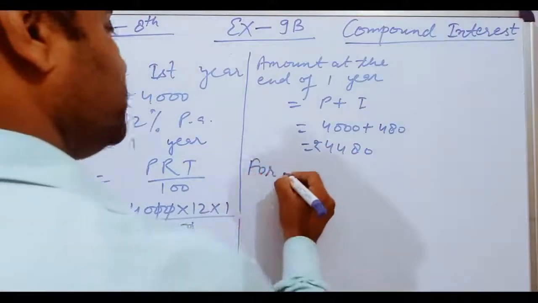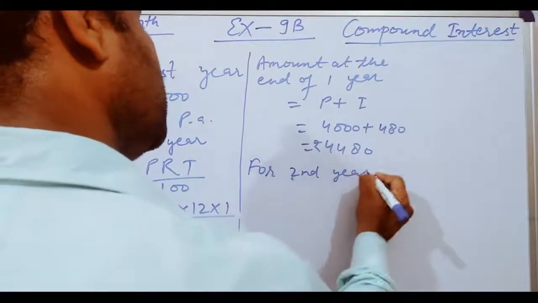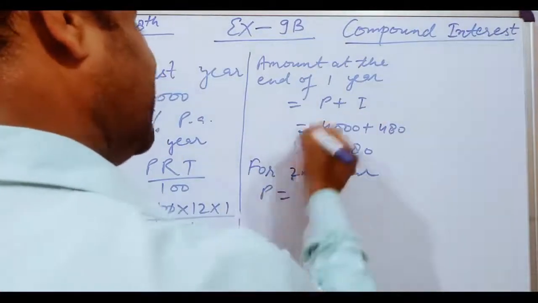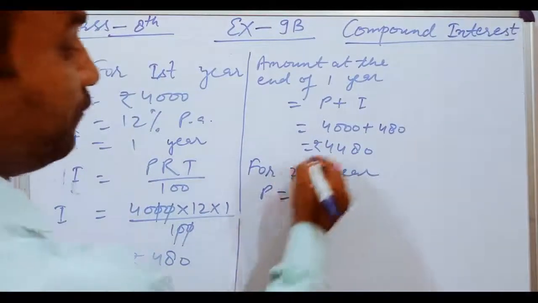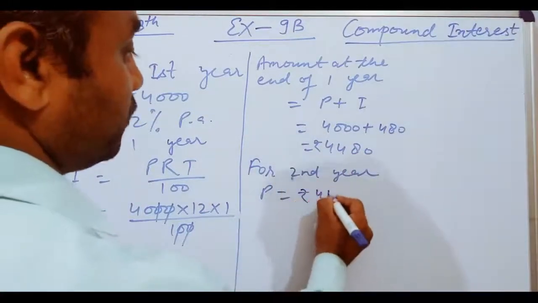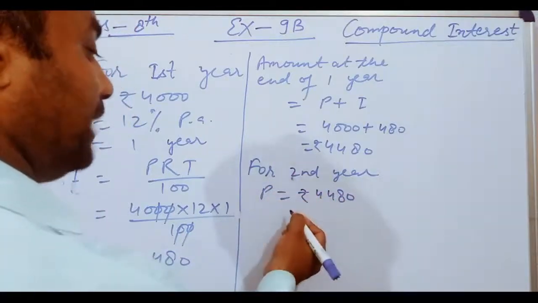For the second year, the principal is this amount at the end of the first year, rupees 4,480, and the rate is the same and time is 1 year.